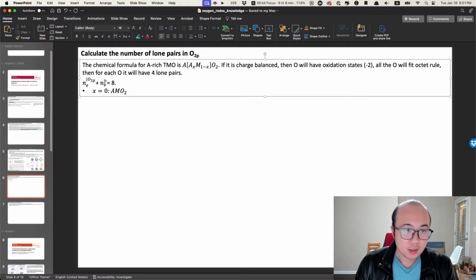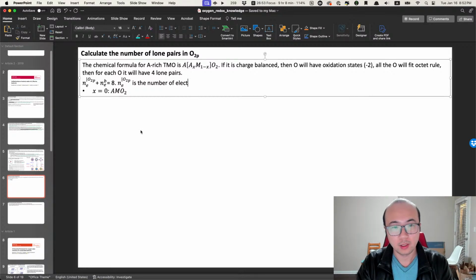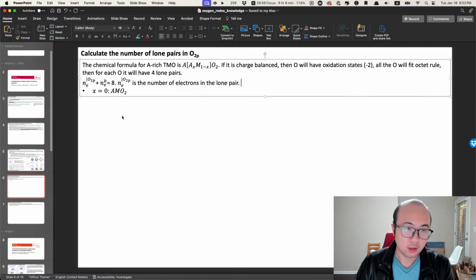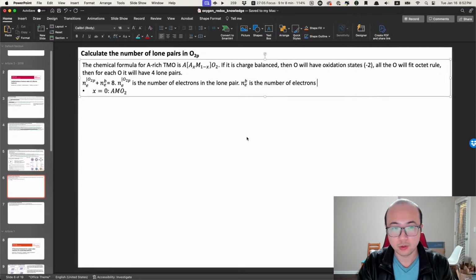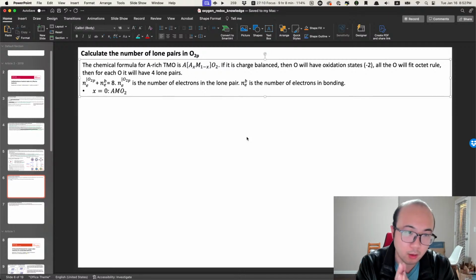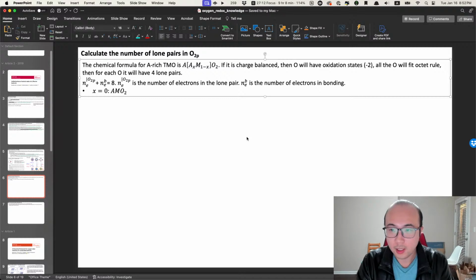So one is the number of electrons in the lone pair, and this one is the number of electrons in bonding. So one is lone pair, one is bonding.